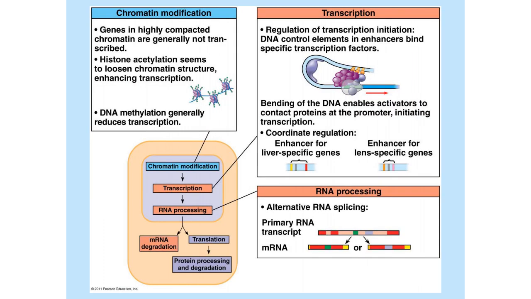So let's take another quick look here at how we can control or regulate gene expression in eukaryotic cells. Remember, we have chromatin modification. Methylation closes up the DNA and makes it into heterochromatin. Acetylation allows those nucleosomes to move apart and allow for transcription to occur.